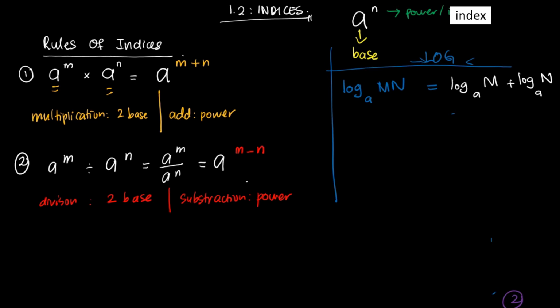For the other one, we have log m over n base a equal to log m base a minus log n base a. Can you see? Let's do this first, log mn base a.